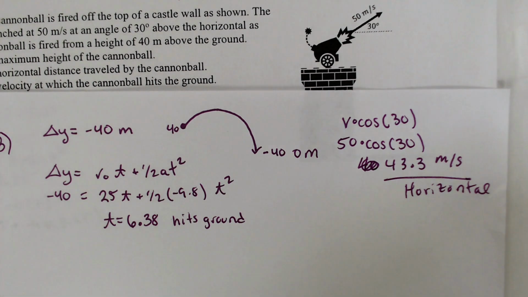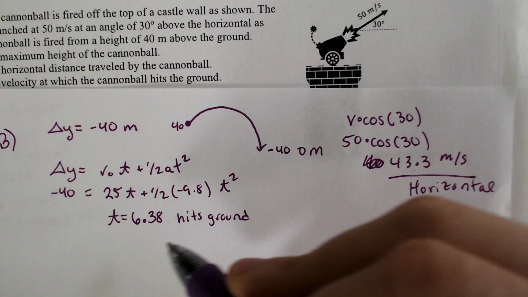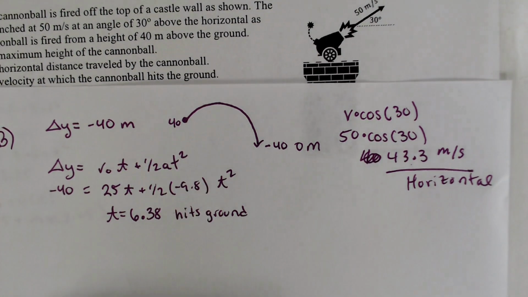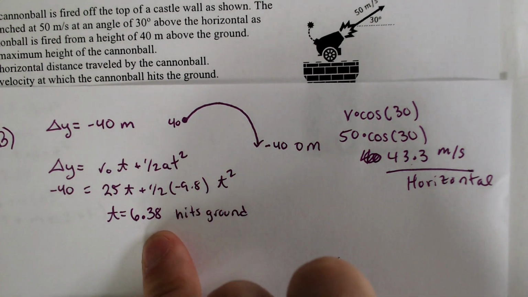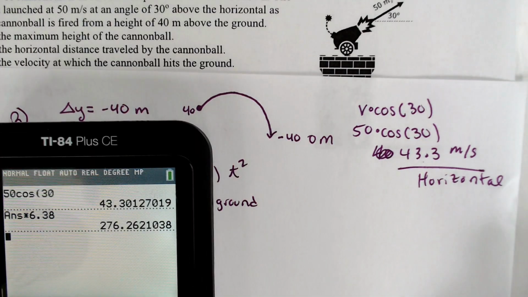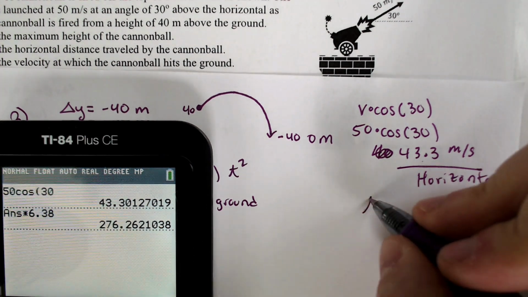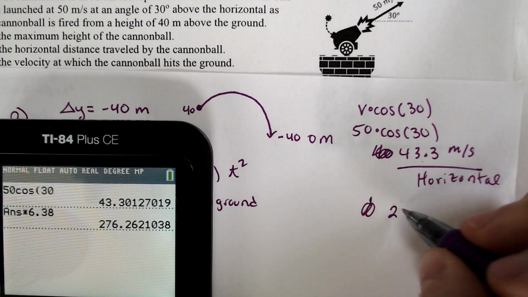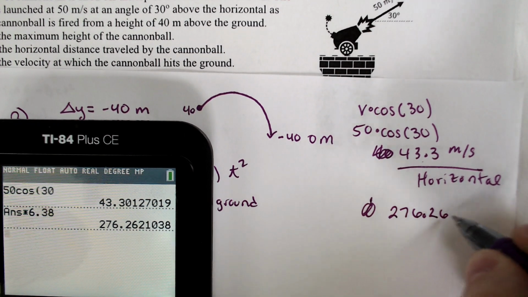43.3. And if the horizontal component is permanently 43.3, you can multiply that by time, and we found out the time it was going until it hit the ground was 6.38. If we multiply those together, you get a distance of 276.26 meters.